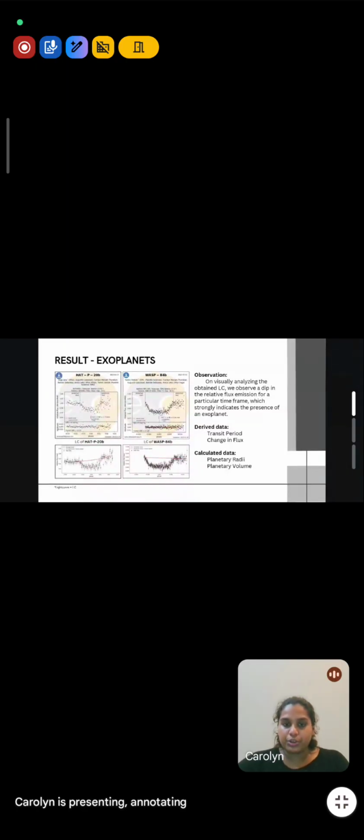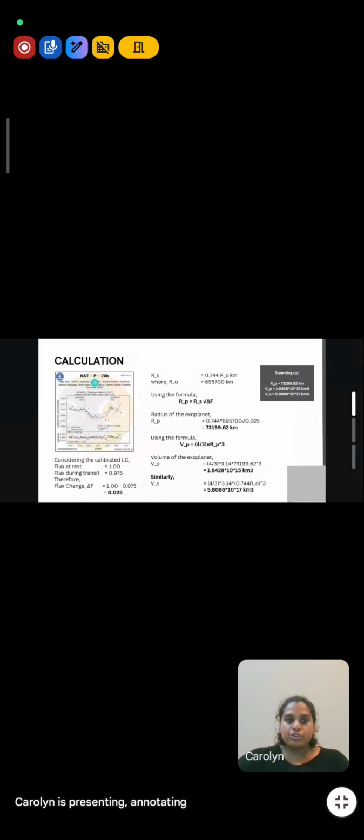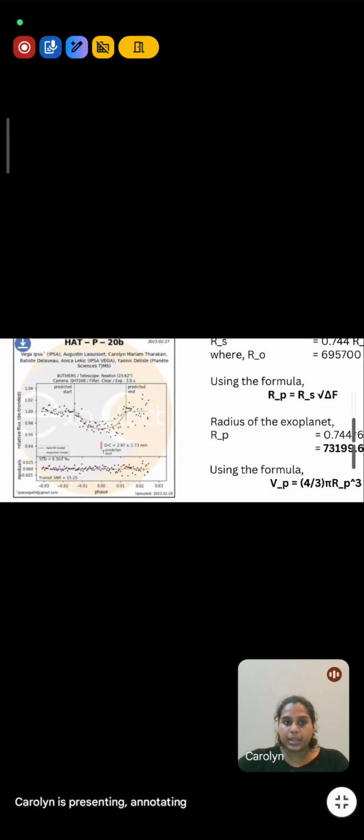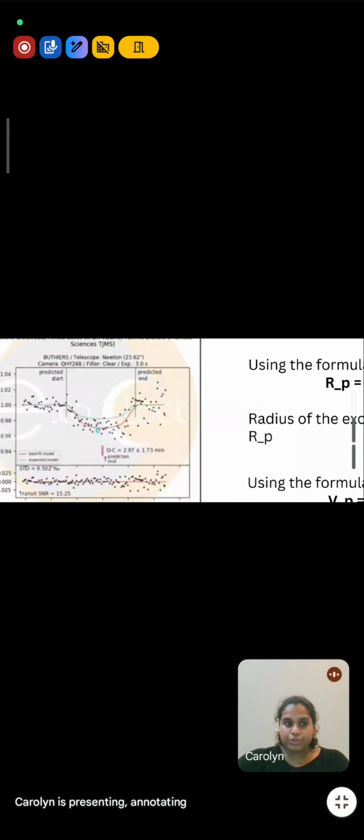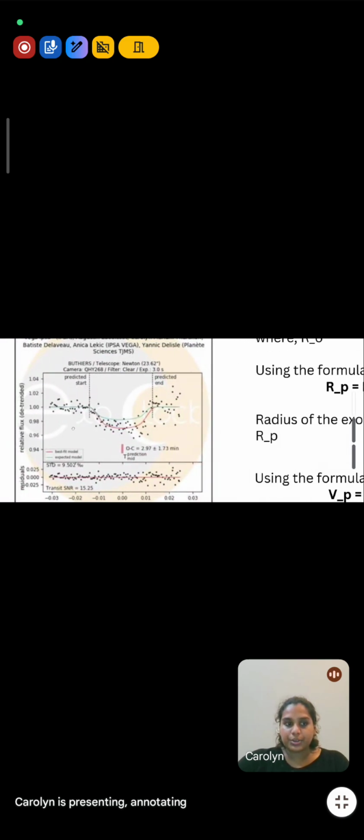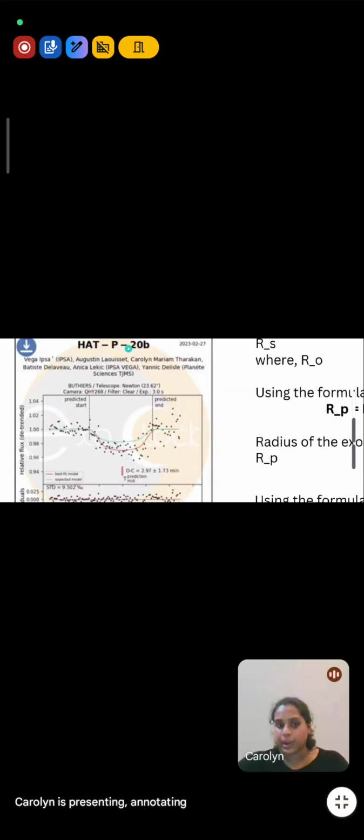Okay. So we'll move into one example. This is your HAT-P20b light curve, right? As you can see, the maximum flux or the maximum luminosity that the host star HAT-P20 can give you is 1, right? 1 is the value.